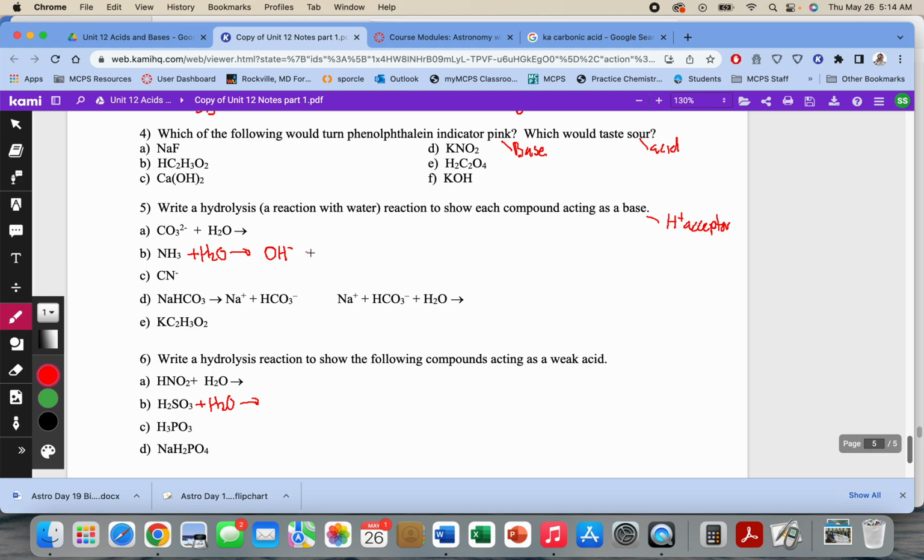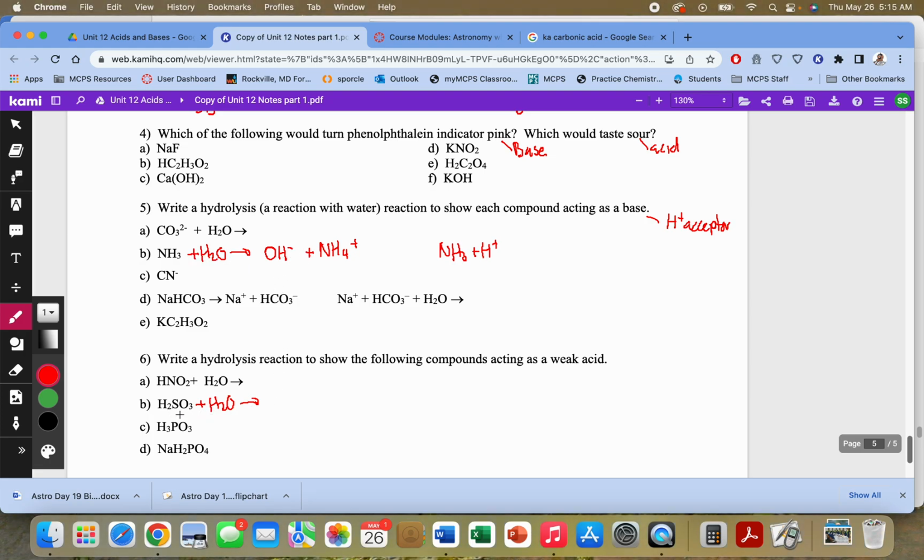Well, NH3, when it accepts an H, becomes NH4+, because it's NH3 plus H+, right? Don't forget the charge. So NH4+, because it starts at 0 and adds an H+ ion. So that would be the hydrolysis of ammonia, right?